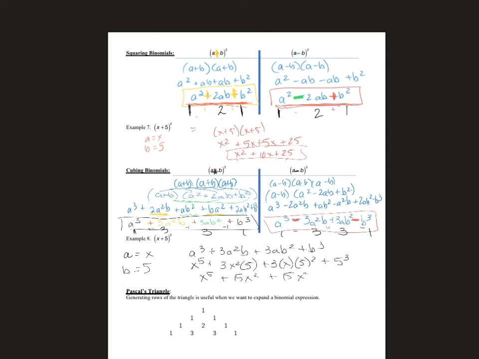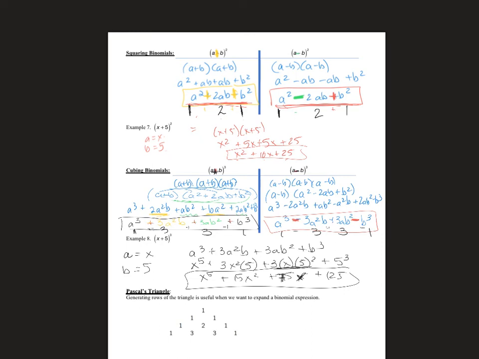Oops, sorry. If I multiply these, that's going to give me 75x. Got ahead of myself. Plus 125. And that is in descending order.